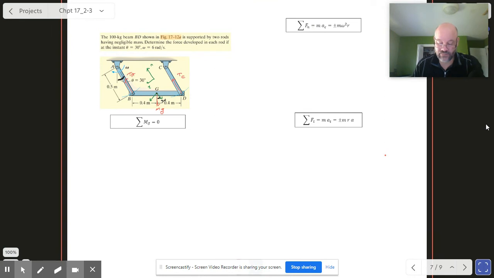Now, what that does for us is that means that the normal component is going to go as mg cosine theta, where theta is 30. But it's got to be negative. And it means then that the tangential component of my weight is going to go as mg sine theta.